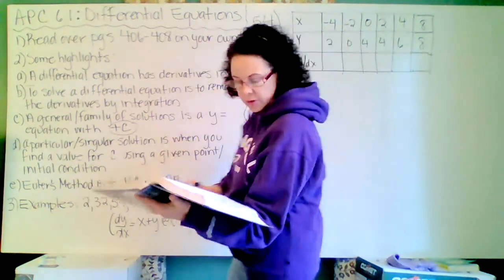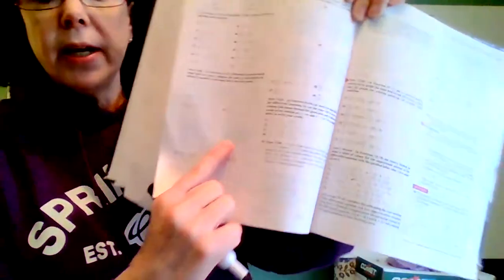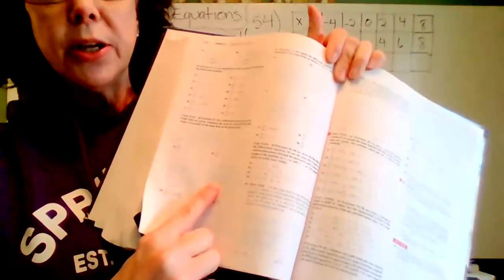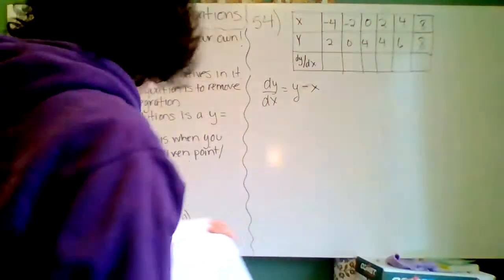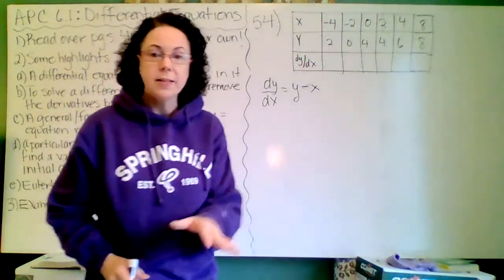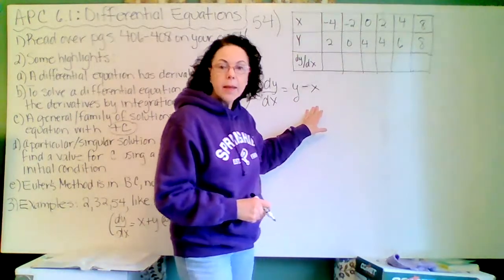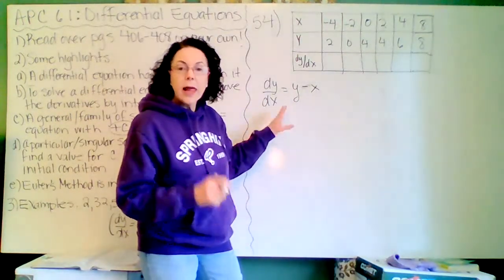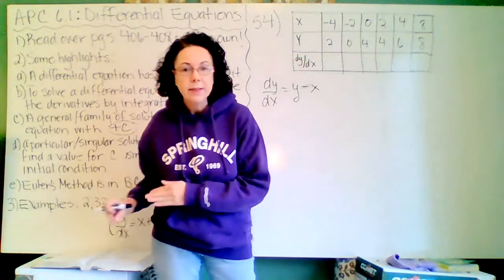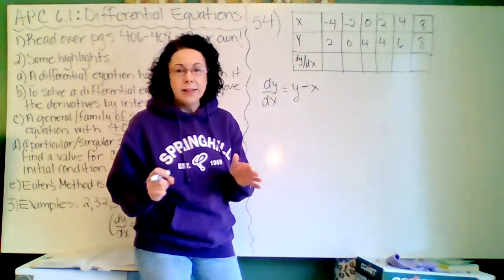They also give you a slope field, which you'll see on number 54 right here. It's pretty cool. For any x, y point that you pick on that slope field, when you put that x, y in here, it will give you the slope. And when you look at that point on the slope field, you will see a little tangent line with that slope.